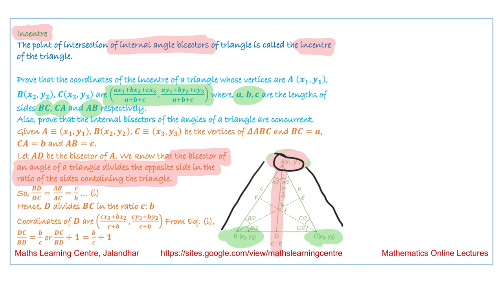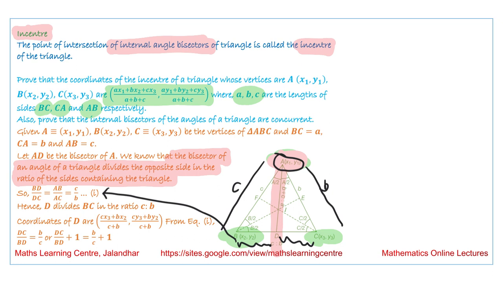The length of side AB is c, and the length of side AC is b. So BD and DC will be divided in the ratio c is to b.